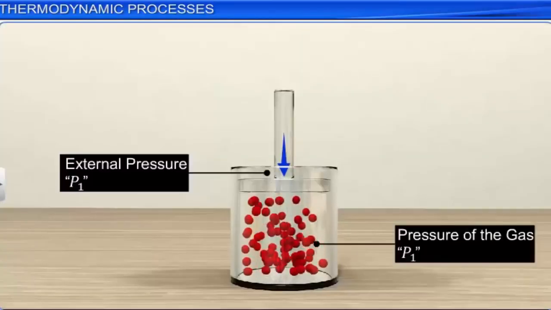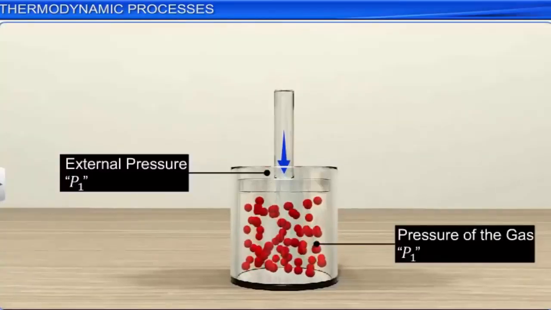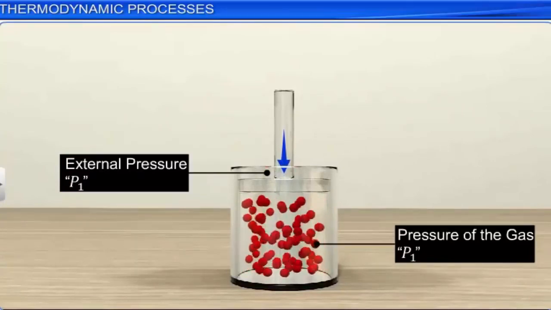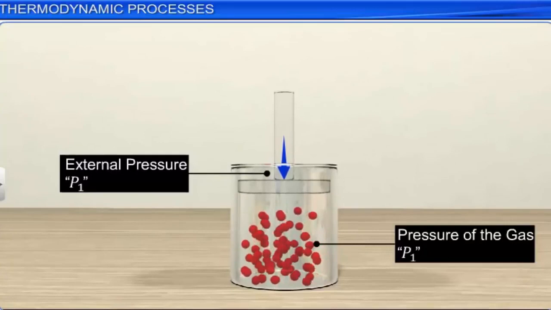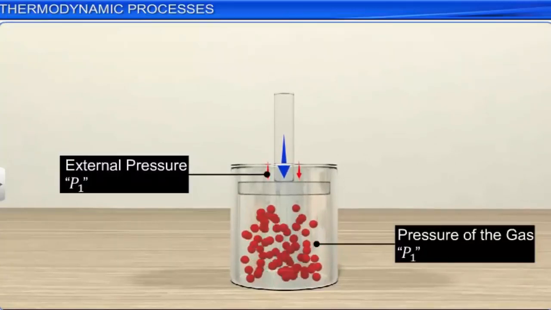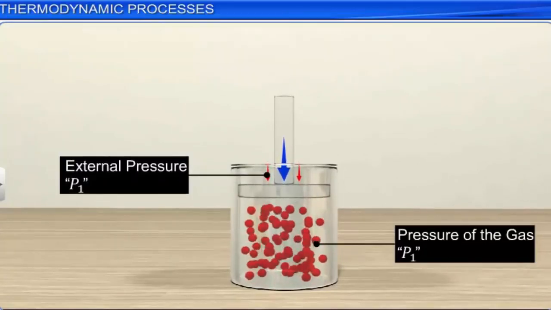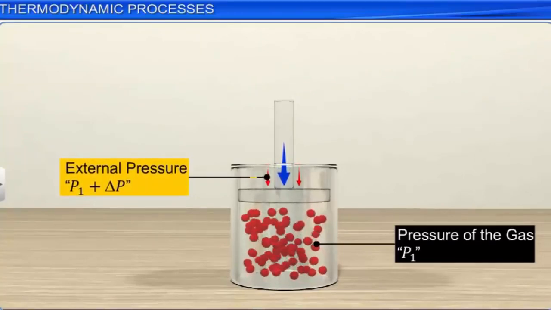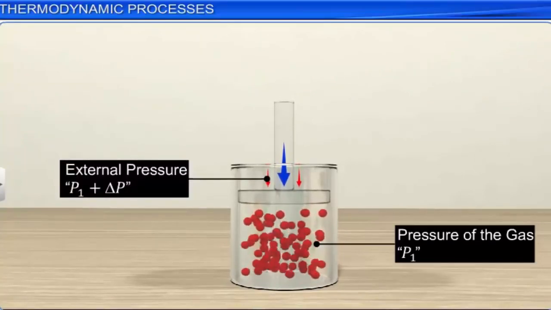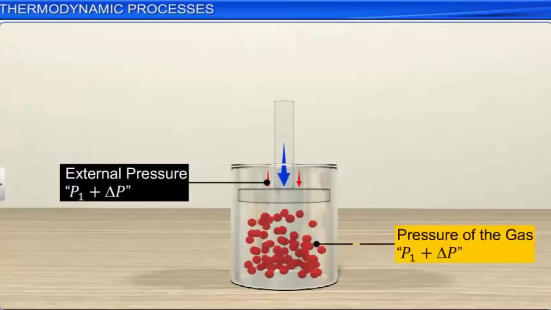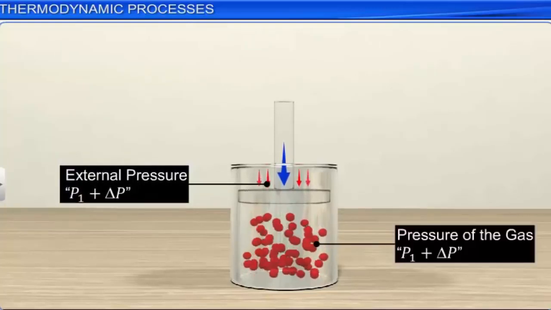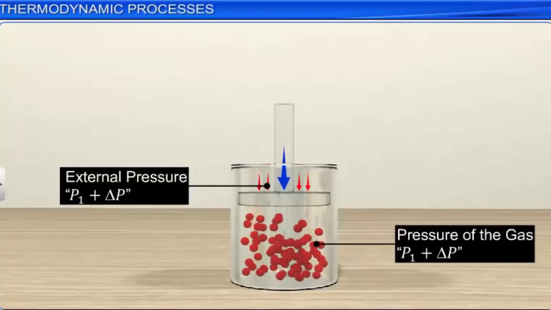To change the pressure of the gas from P1 to P2 through a quasi-static process, first, the external pressure needs to be changed by a small value, delta P. Then, allow the gas to equalize its pressure with that of the surroundings. Again, change the external pressure by a small value.